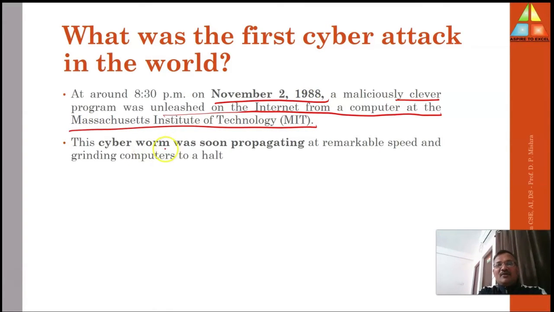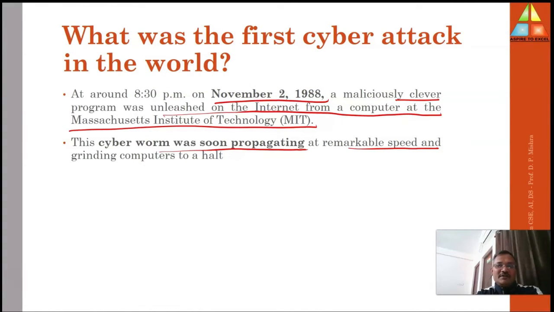This cyber worm was soon propagating at remarkable speed and grinding computers to a halt. So it was the first cyber attack reported, at 8:30 p.m. on November 2nd, 1988, and it was specific to a worm.